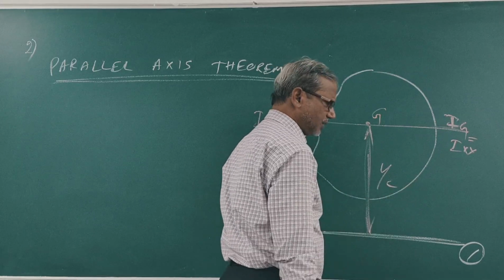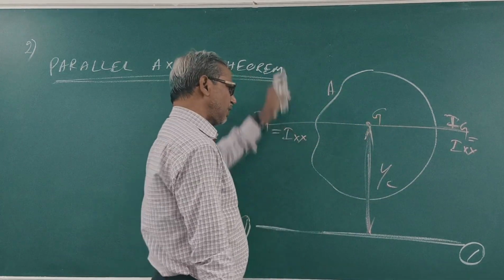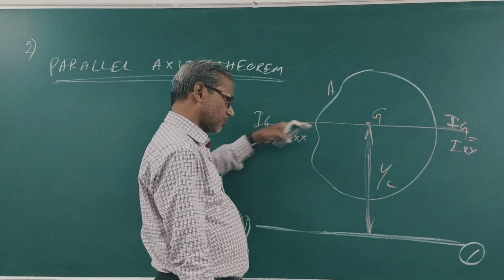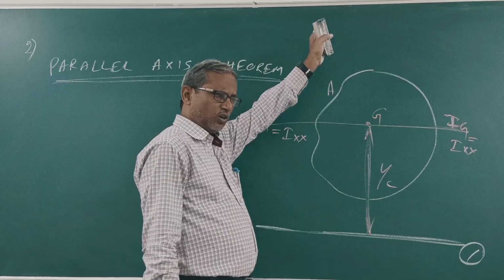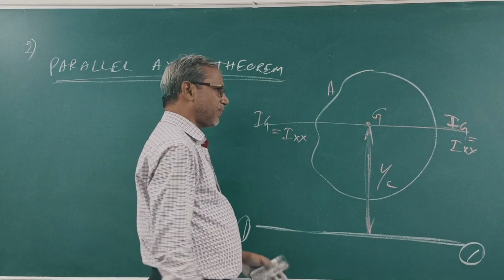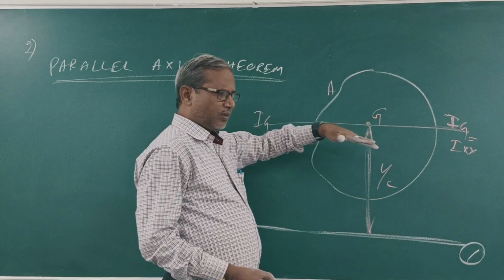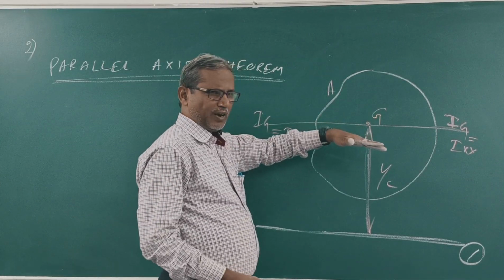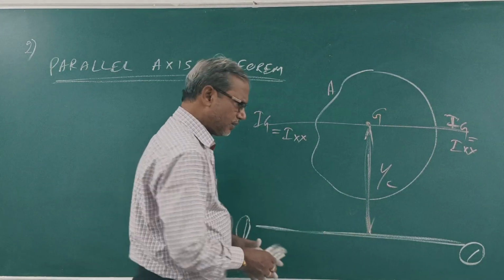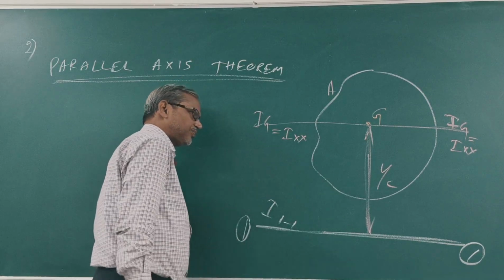Similarly, if we take axis 2 2, you can find I about the y-axis passing through G. This is Ig, Ixx passing through G parallel to the x-axis. This is I11. So what is the parallel axis theorem?